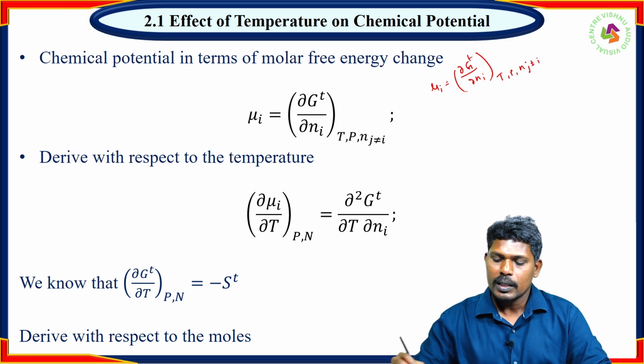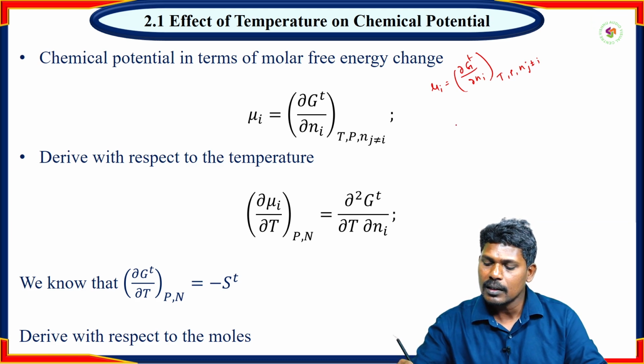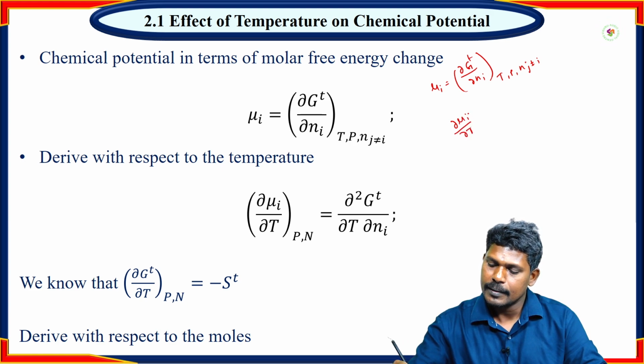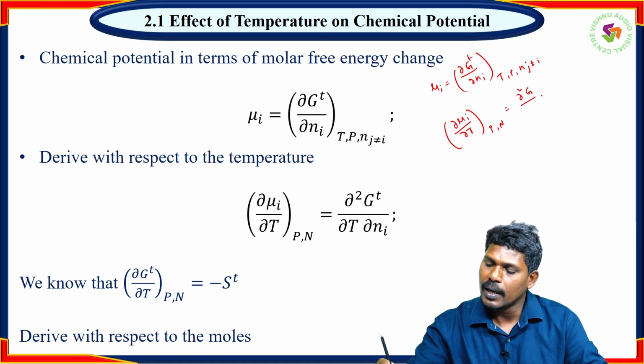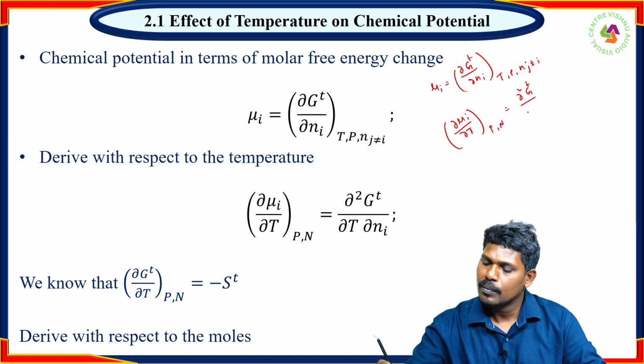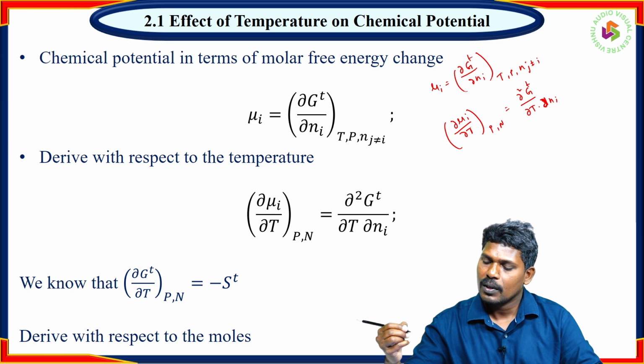Now, differentiate this expression with respect to temperature. Because pressure and total number of moles are constant, what do we get? dou mu_i by dou T is dou square Gt by dou T dou Ni.